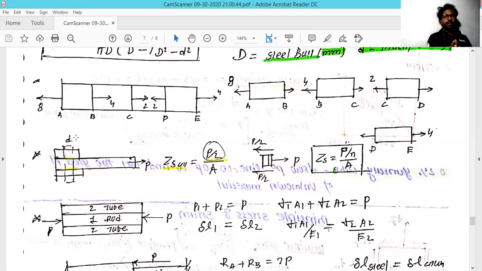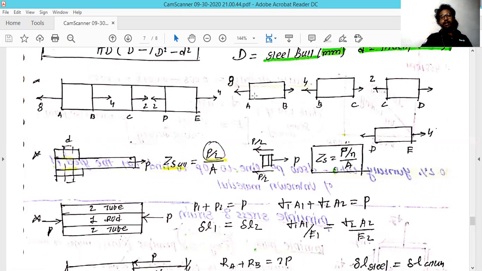The force moving to the left-hand side I have taken as the tensile force. Now, which force is acting on this cross section? It is 8 kilonewton. So in the free body diagram of the AB cross section, a tensile force of 8 kilonewton is acting on it.